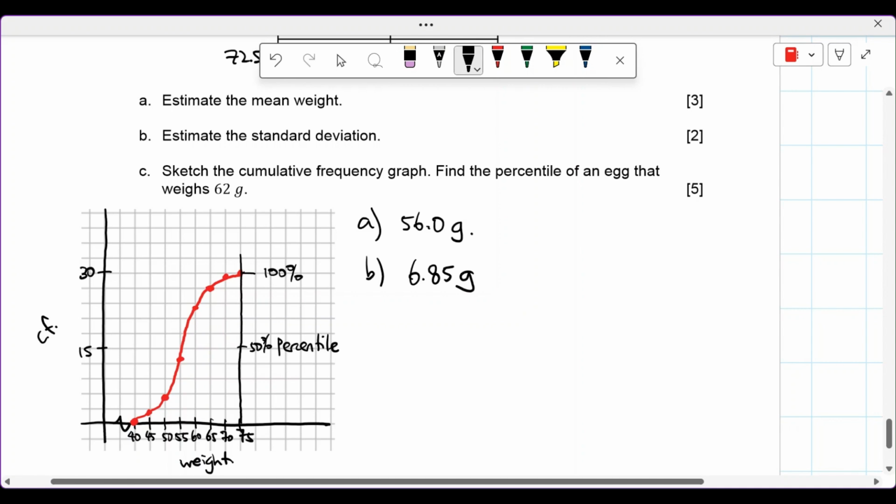Find the percentile of an egg that weighs 62 grams. So 62 grams is approximately here. So if I go up, it's going to be around there. To the right. So for me, that looks like about 80th percentile. So my answer for part C would be the 80th percentile.